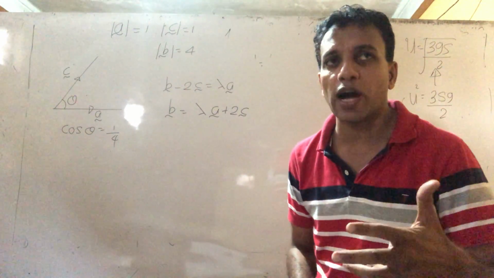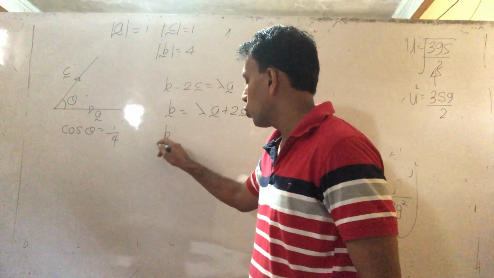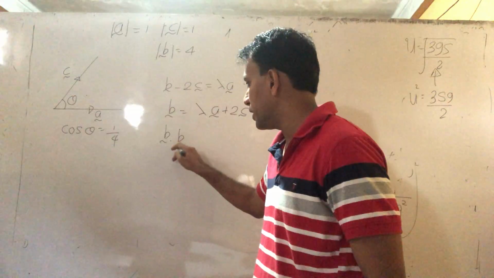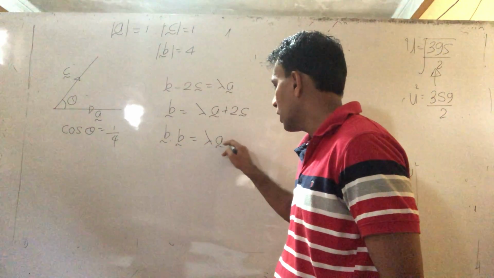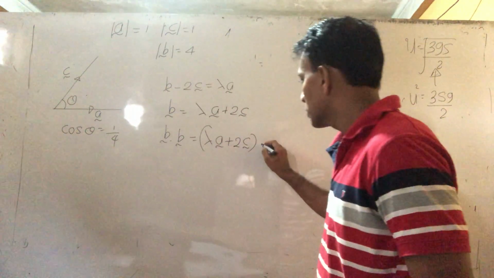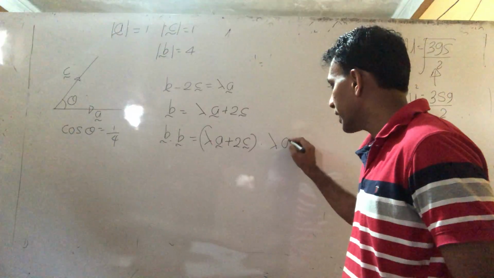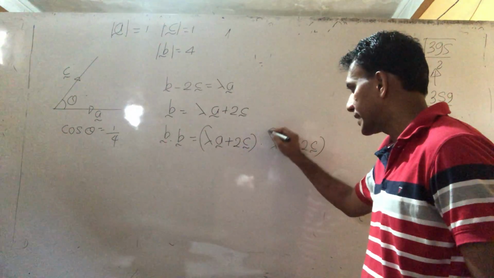It means square to square. Multiply itself like that. Therefore B dot B equals lambda vector A plus 2 vector C, dot lambda vector A plus 2 vector C, product itself.